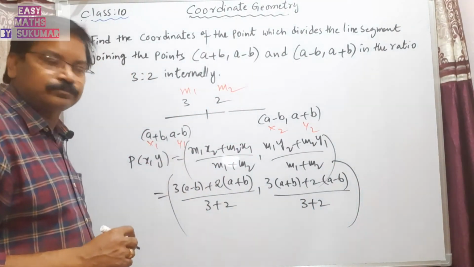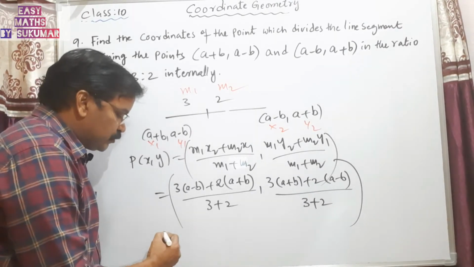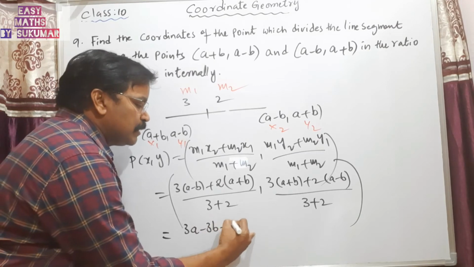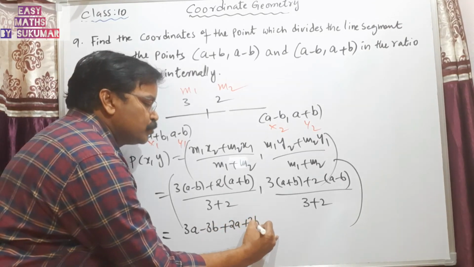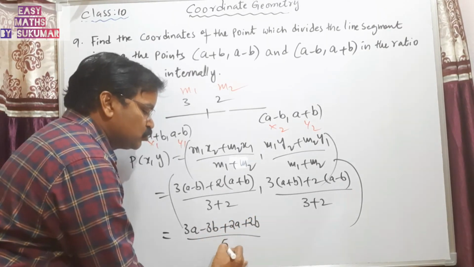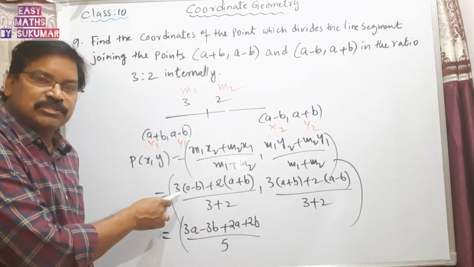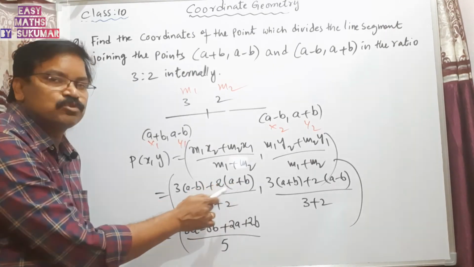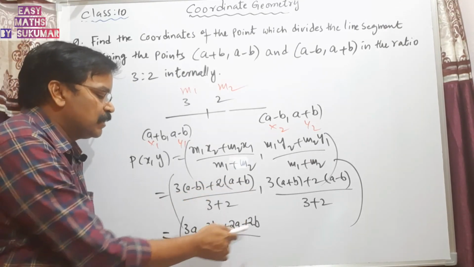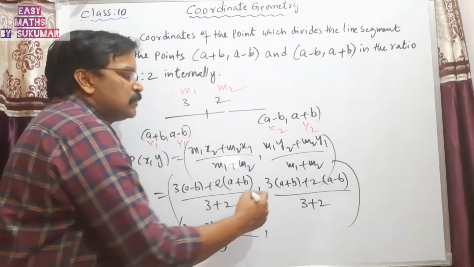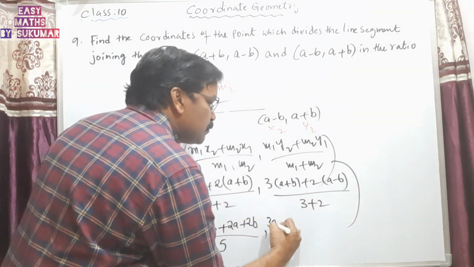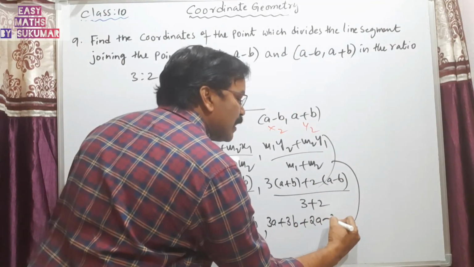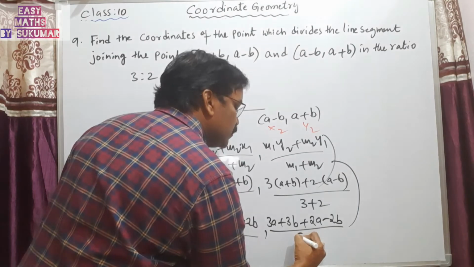This is equal to 3a minus 3b plus 2a plus 2b by 5, comma 3a plus 3b plus 2a minus 2b whole by 5.